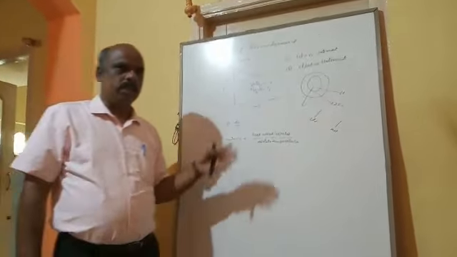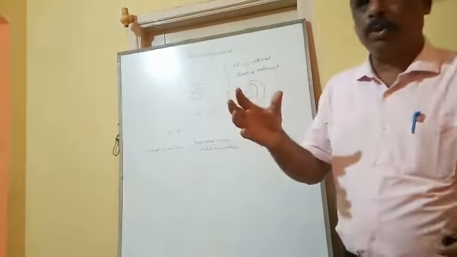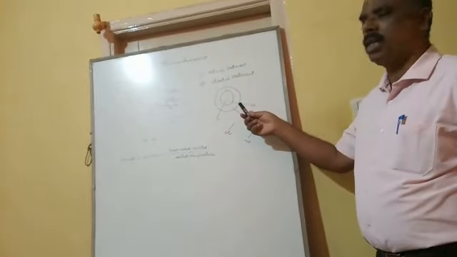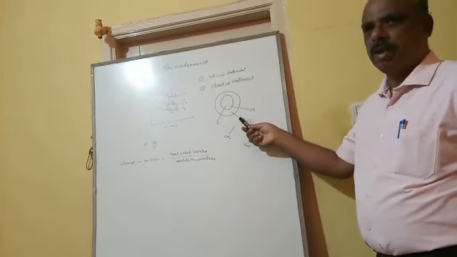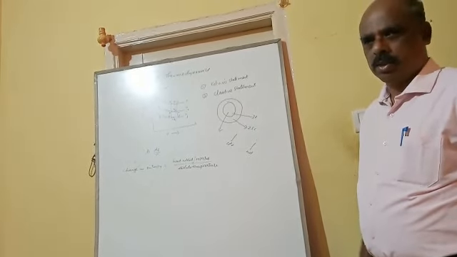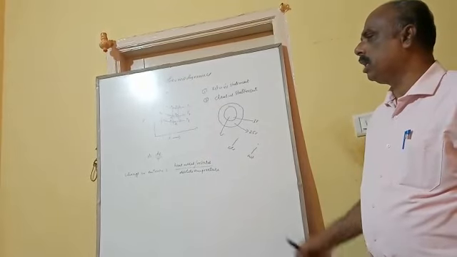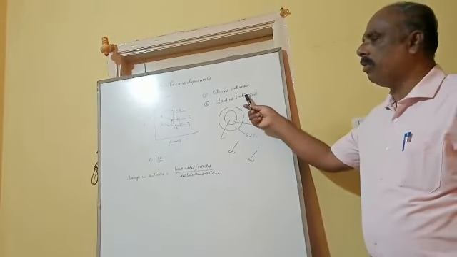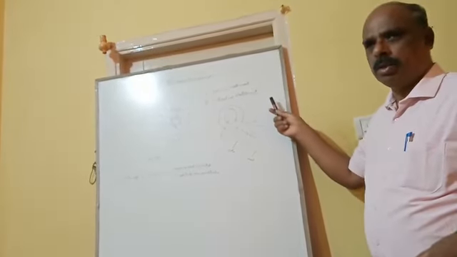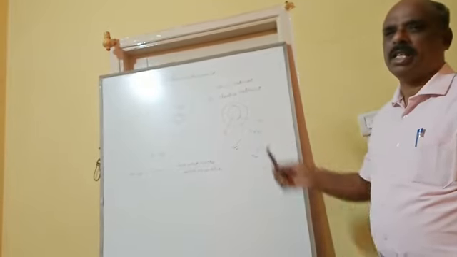Or it states like this: it is impossible for a self-acting machine to transfer heat continuously from one point to another point. Or otherwise, you can explain it very easily in one sentence: heat cannot flow by itself from a colder body to a hotter body. So that is Clausius's statement.